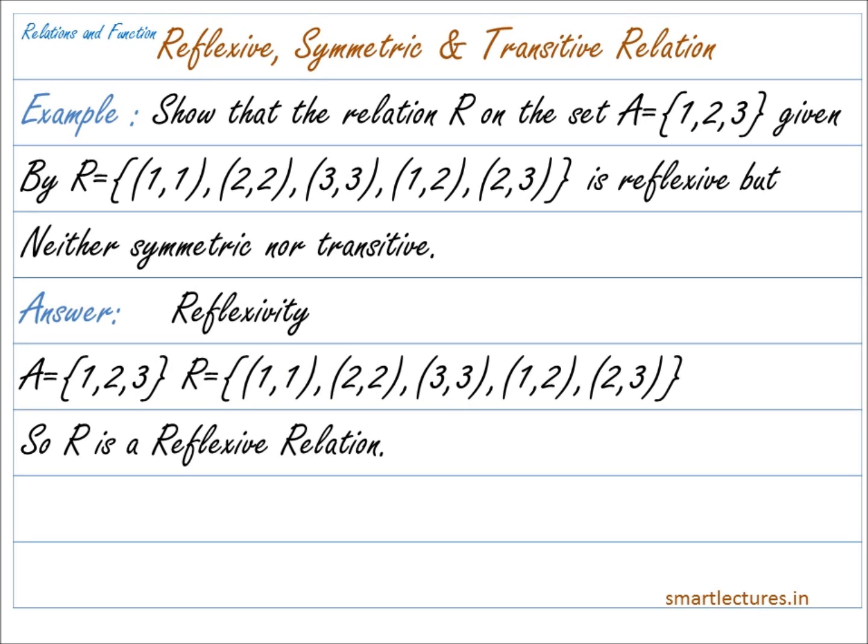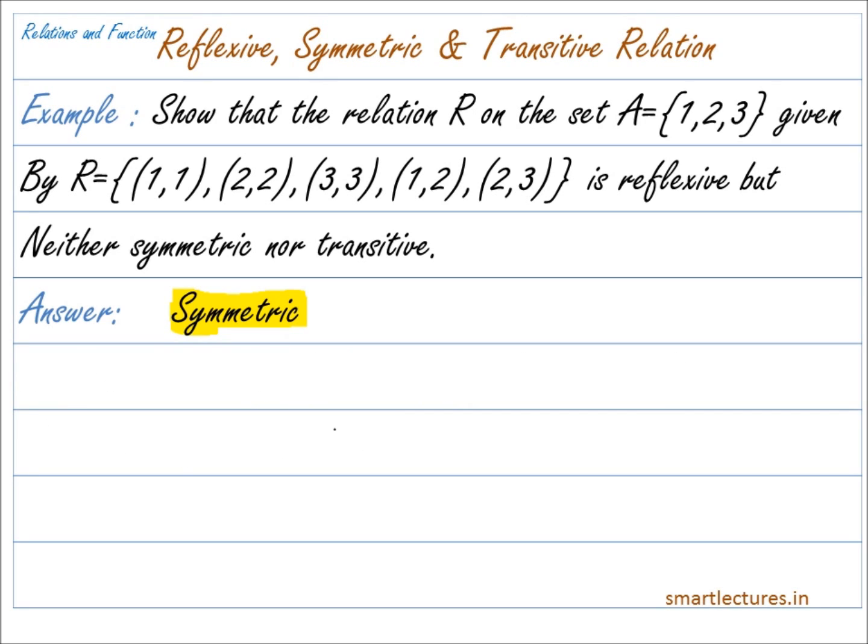Now let's check whether this relation is also symmetric. This relation will be symmetric if (a, b) is related, then that means (b, a) is also related.